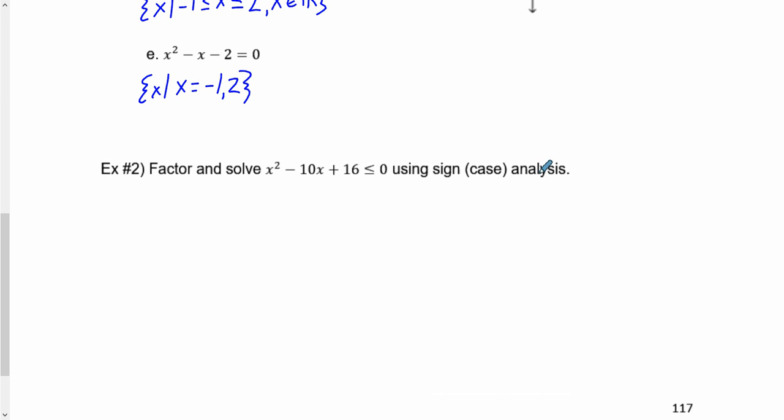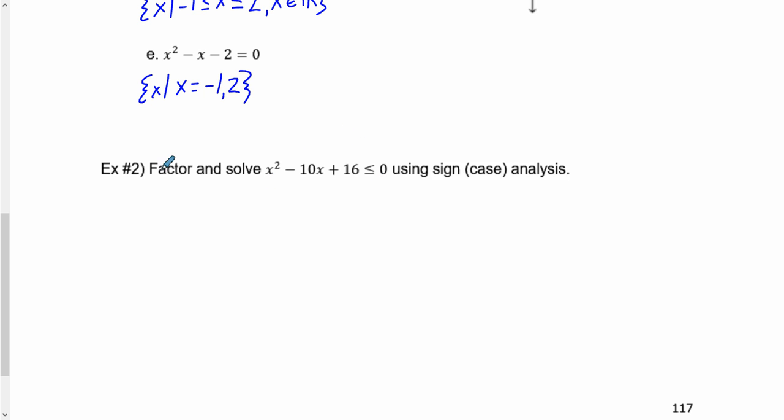Now if we don't actually have the graph, we can still do it. This question is asking, where is x squared minus 10x plus 16 less than or equal to 0? Well, it's asking where it is less than or equal to our x-axis. If we can find out what our x-intercepts are, we can find out what it actually is.